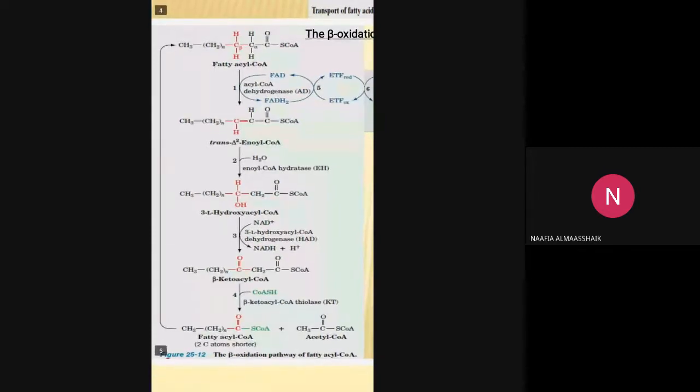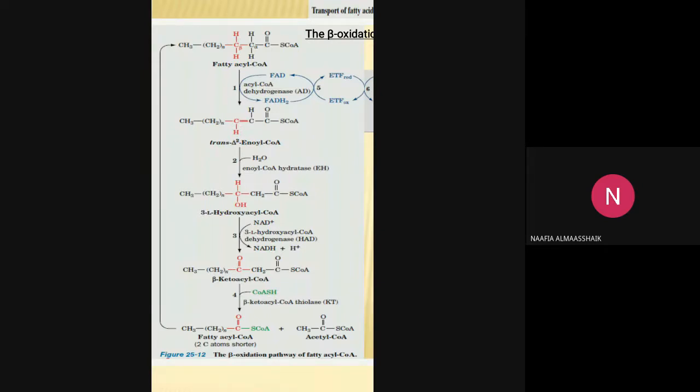Each cycle removes 2 carbon atoms. 7 cycles means 7 into 2, total 14 carbons are removed from the palmitic acid.